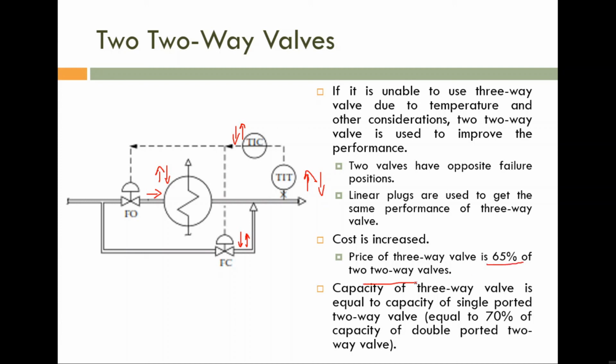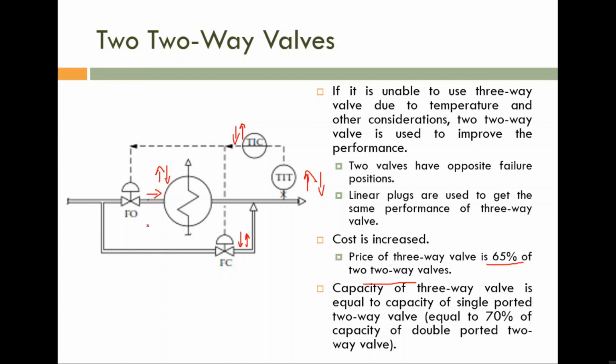The cost of a three-way valve is definitely greater than a single two-way valve, but here we are using two two-way valves, so the cost of the three-way valve is less. But from a capacity point of view, both are the same. The capacity of the three-way valve and the capacity of the two-way valves are the same. So please note that.